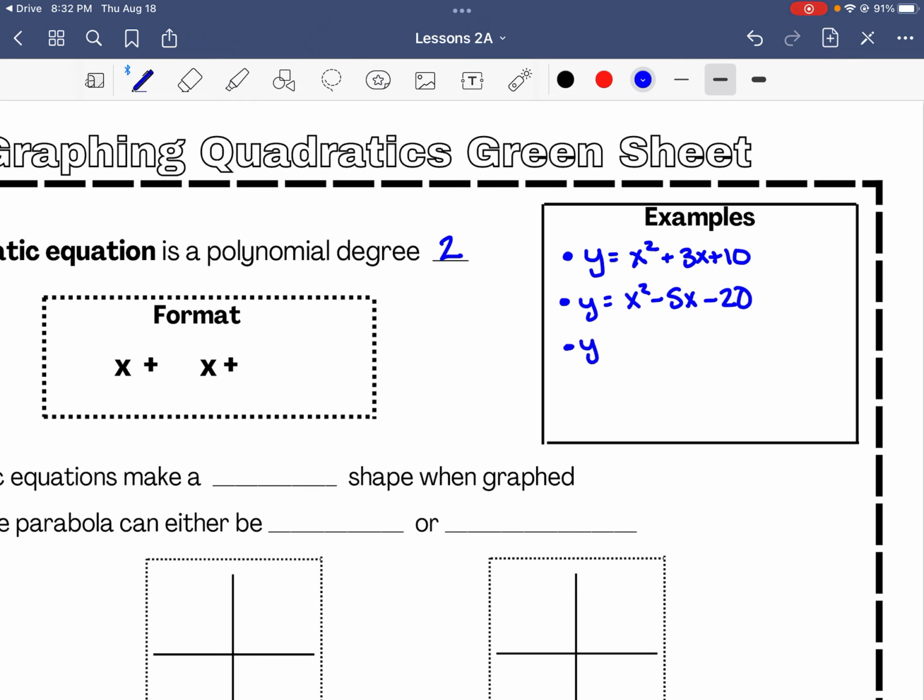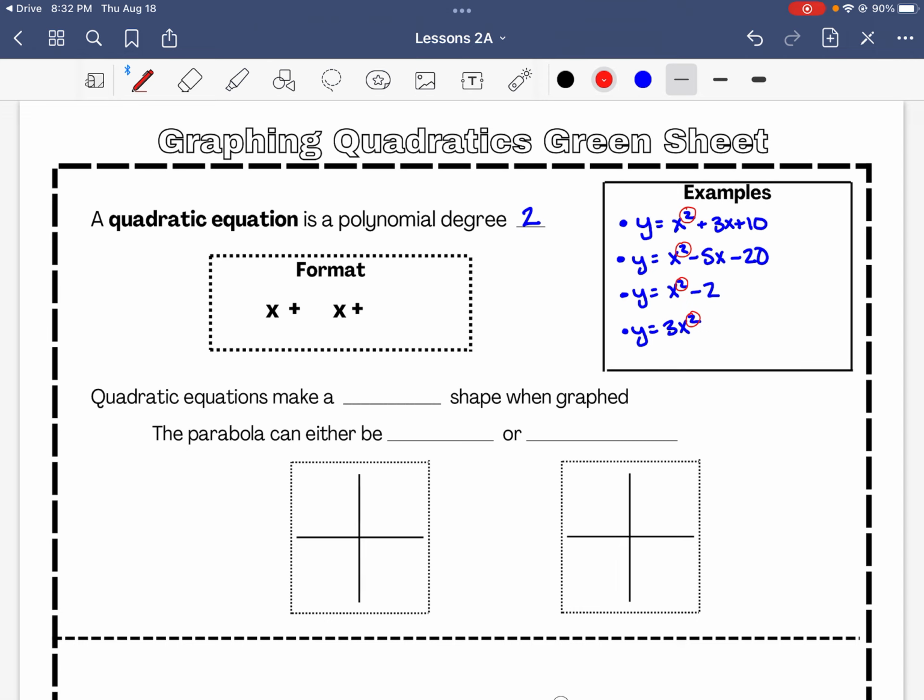You can have y equals x squared minus 2. Or y equals 3x squared. These are all quadratic equations. And if you notice, the degree of 2 is talking about the biggest exponent we see. This squared is very important. This is what makes it a quadratic equation.